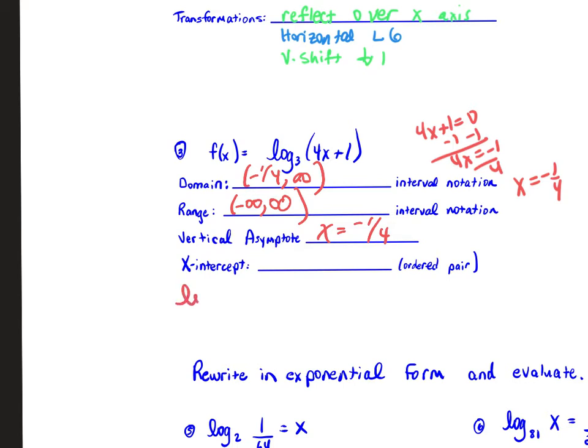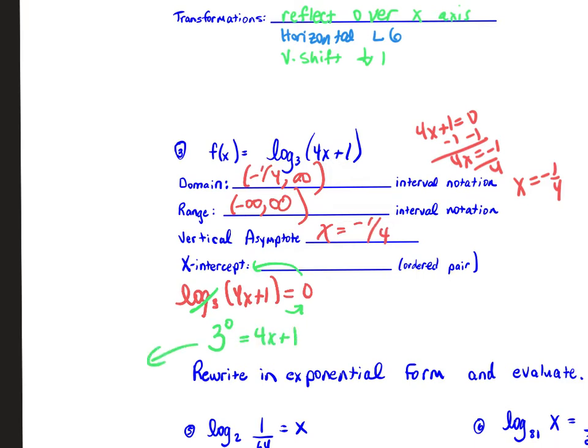So I'm going to write log 3 of 4x plus 1 equals 0. Now, we've talked before, guys, we think better exponentially. So if I change this to an exponential function, this becomes 3. My 4x plus 1 moves to the other side, and the 0 becomes my exponent. So I have 3 to the 0 equals 4x plus 1.